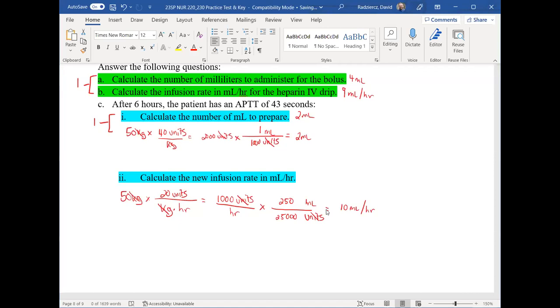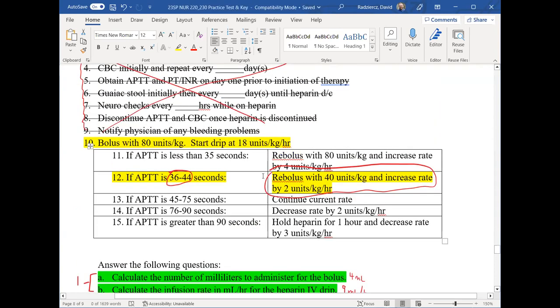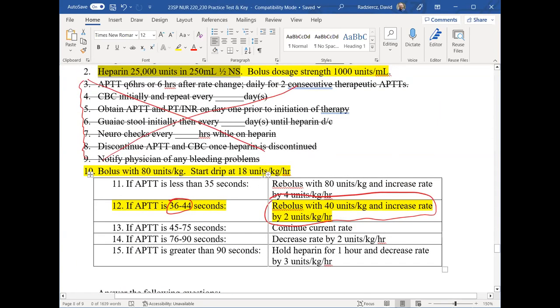So the trick or the secret is, especially if you're at Allegheny campus and you see this for the first time, this monstrosity of a protocol, it's very challenging. And you're sitting there going, what in the world am I looking at here? Now you know what you're looking at.